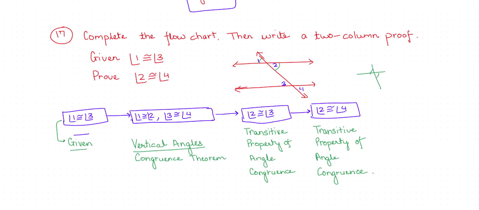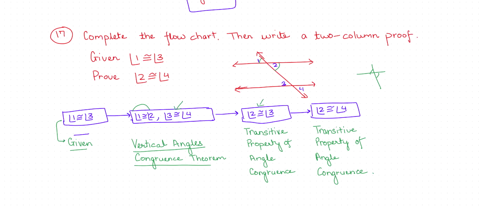Then 1 is equal to 2 and 1 is equal to 3. So angle 2 is equal to angle 3 by transitive property of angle congruence. And the same way, angle 2 is equal to 3, which is given here, and 3 is equal to 4, which is given here.